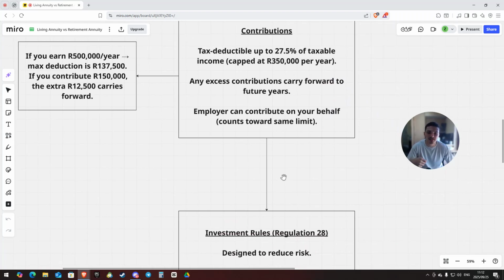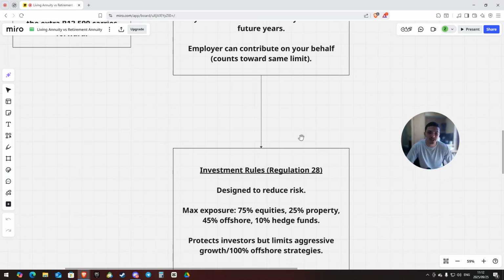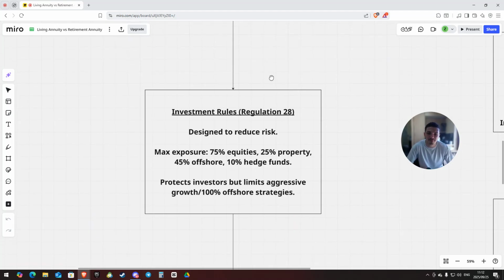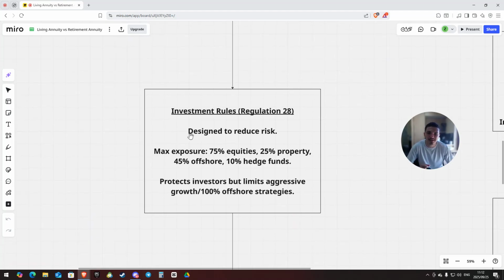Okay, so tax deductible. Investment rules under Regulation 28 in the South African legislation: Regulation 28 is designed to reduce risk. So the max exposure that any retirement annuity can have right now is 75% equity, 25% property, 45% offshore, and 10% hedge funds.